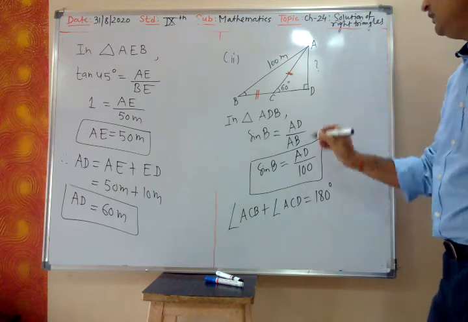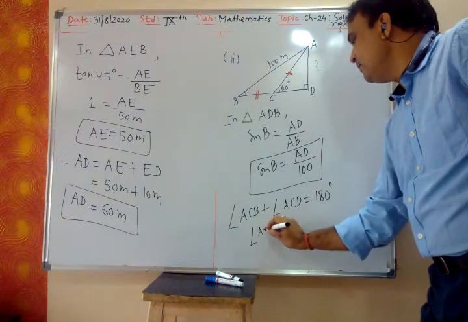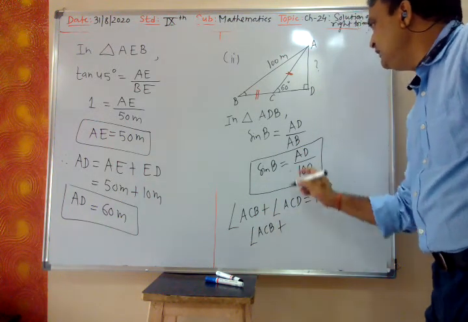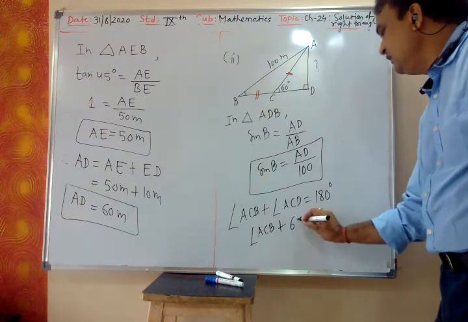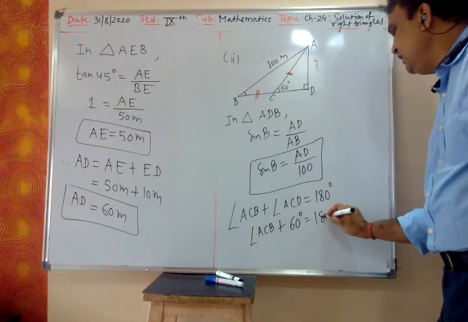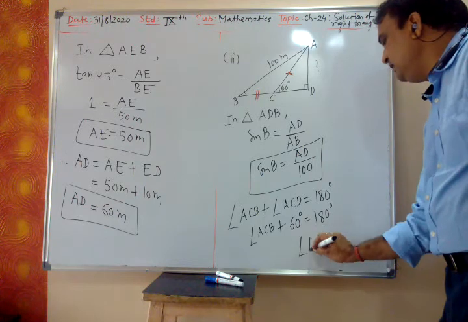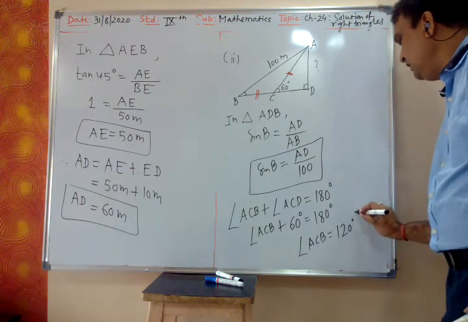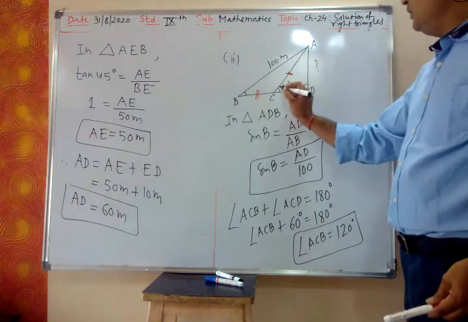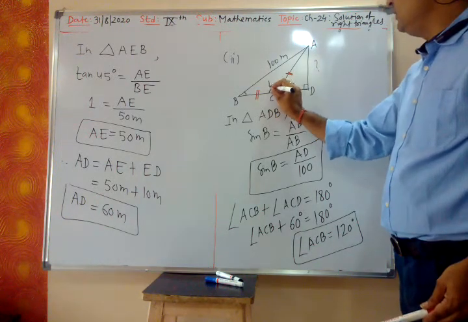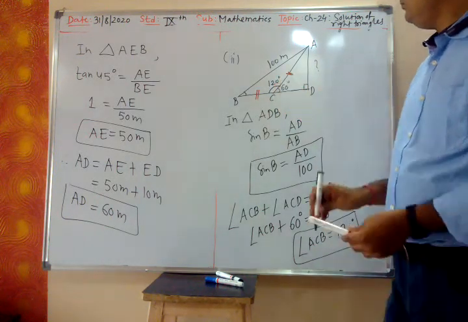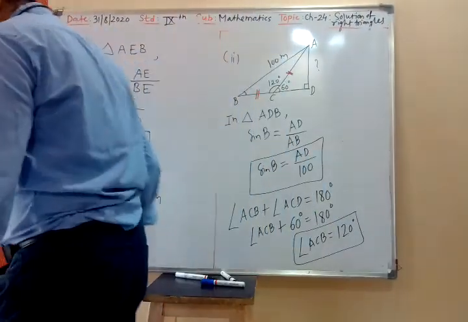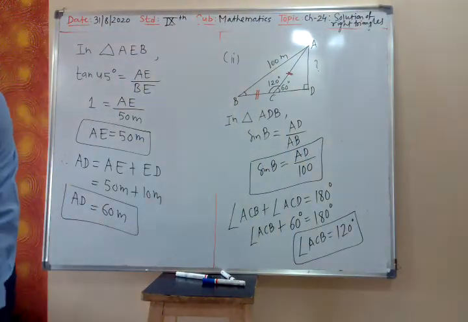Now we have to find this. Angle ACB we don't know, ACD is given 60 degree, so it is equal to 180 degree. So angle ACB is 120 degree.